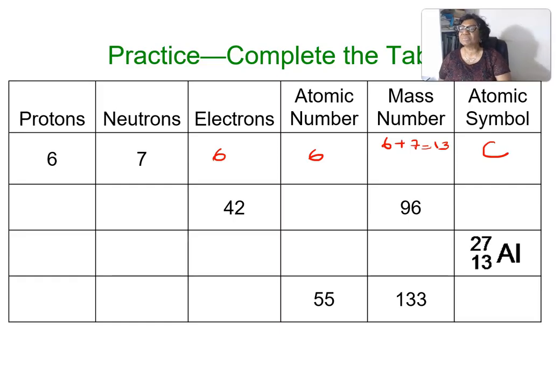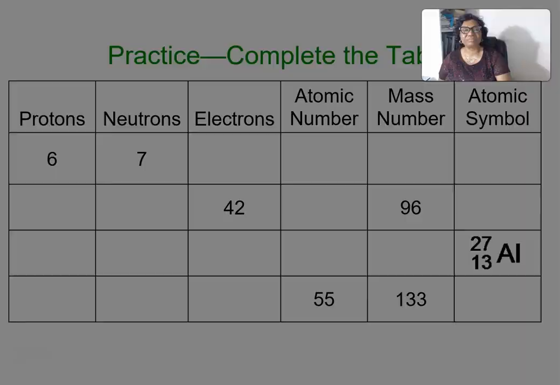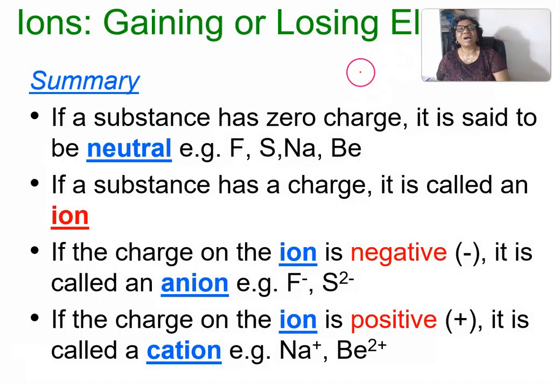The next thing that we want to look at, we want to talk about ions. When an atom gains or loses electrons, it becomes an ion.